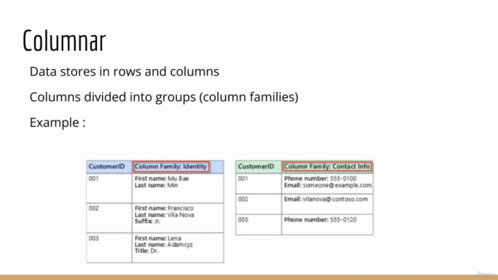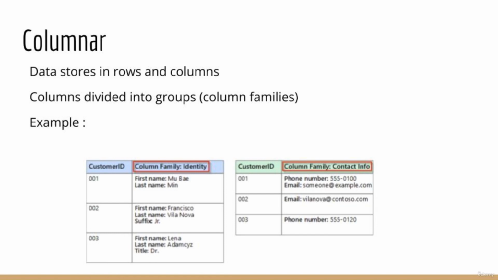We also have columnar data stores, which are conceptually very similar to the relational model, where the data is stored in rows and columns, but in this case, the columns are divided into groups known as column families. The columns are logically related to each other, and they are known as wide column data stores.